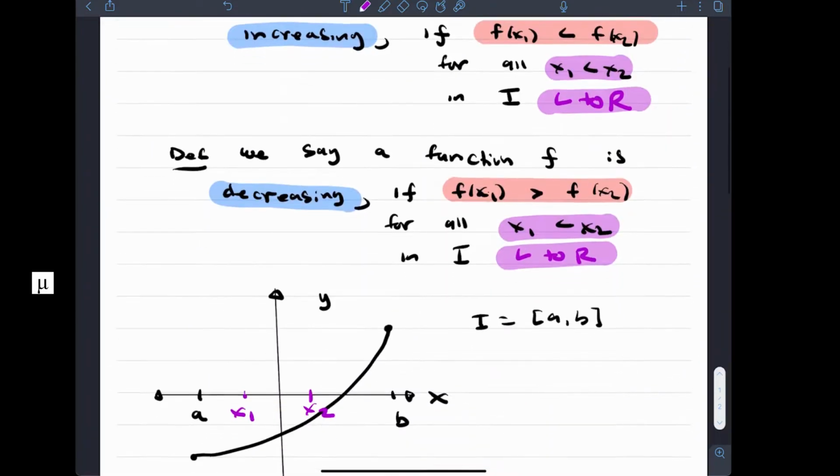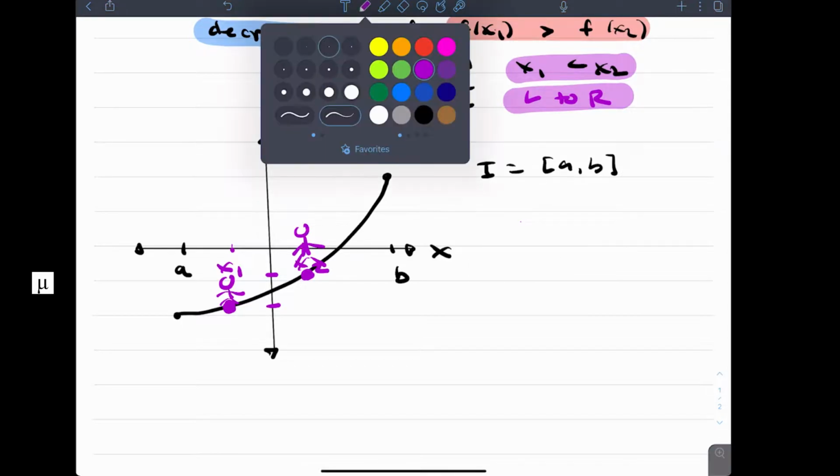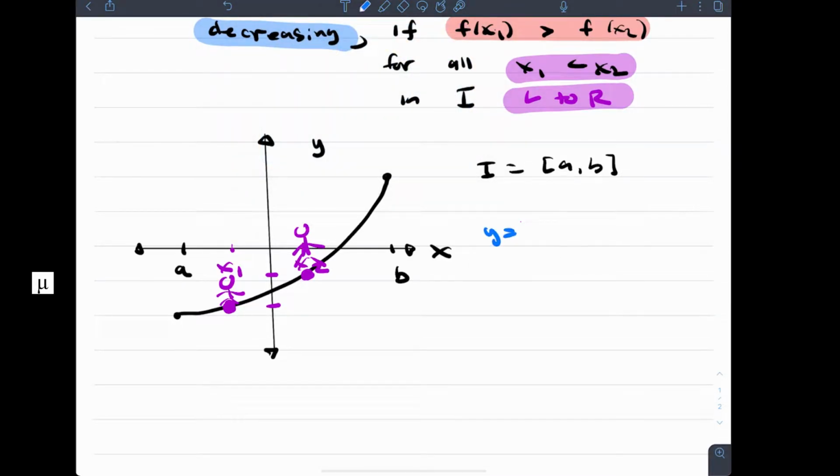That's another way of saying we're walking left to right. So you're on this curve right here at x1. And then at x2, you're on the curve here. This value and this value, these are the y values, right? Because y equals f of x. So we say y is f of x. Here's what I'm saying to you.